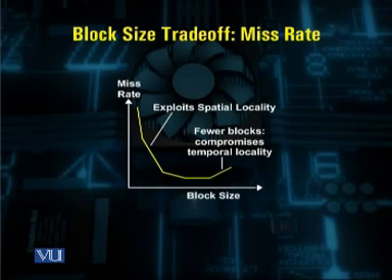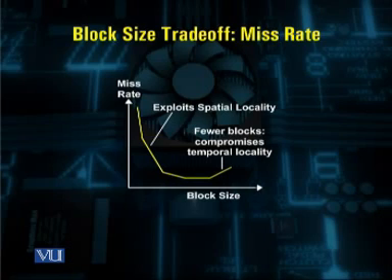When the block size is very small, it will be holding a very small amount of data or a small number of instructions. Hence, it cannot completely utilize the concepts of spatial locality or temporal locality. Therefore, the miss rate is very high. However, when we increase the size of the block, the miss rate is reduced because it starts taking advantage of the spatial locality.